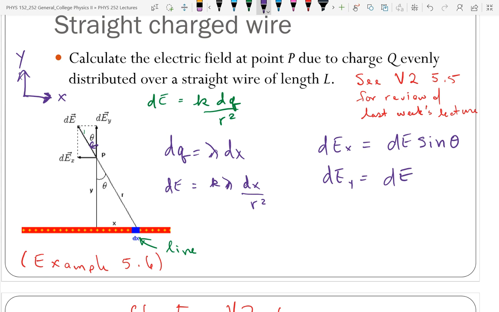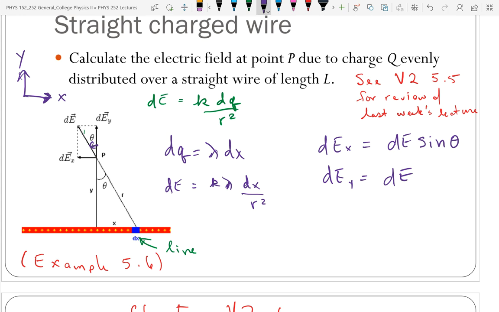So sine of a negative angle is negative. As long as we consider that a negative angle, then that's going to be dE sine theta. Your definition of the angles is important, of what's positive and what's negative.